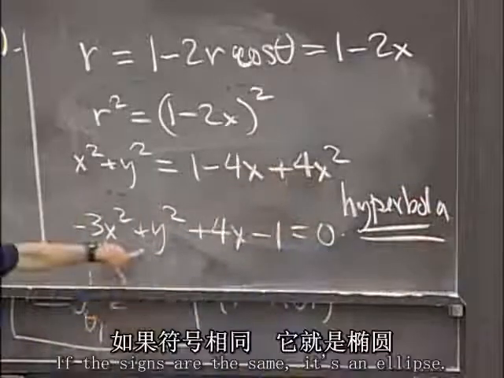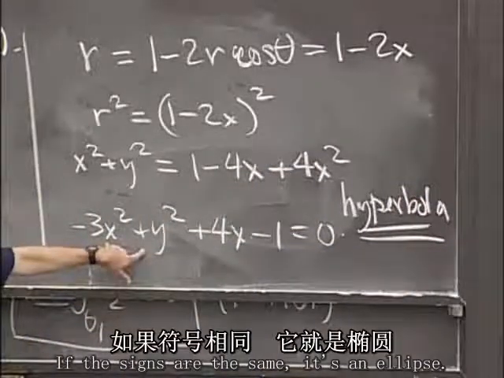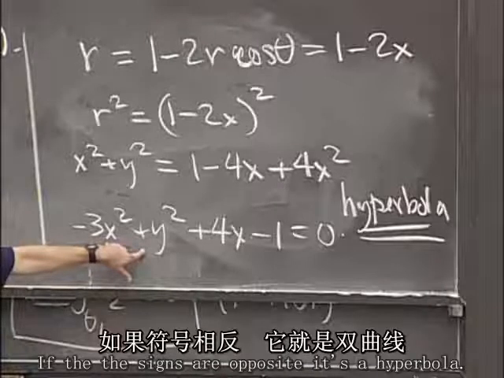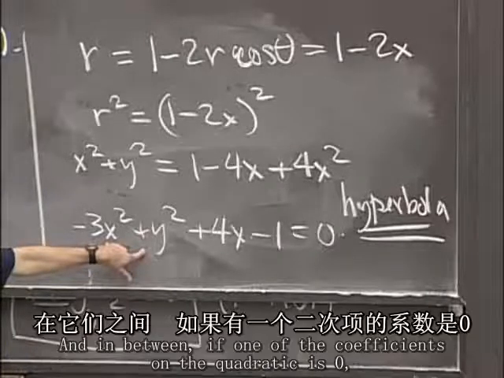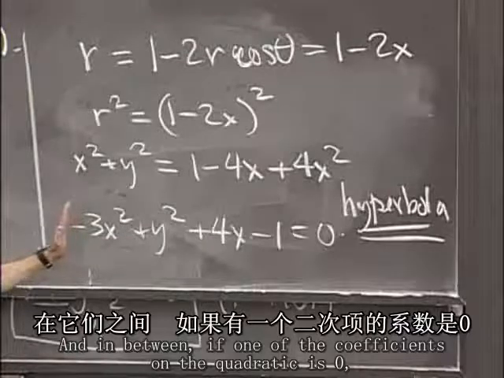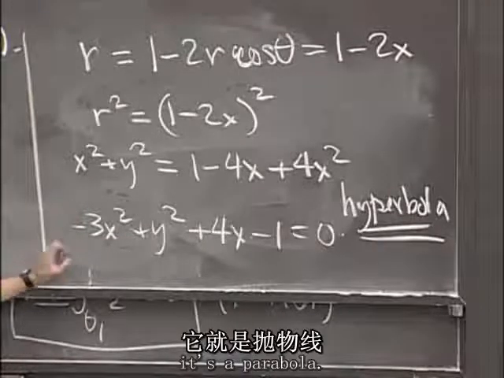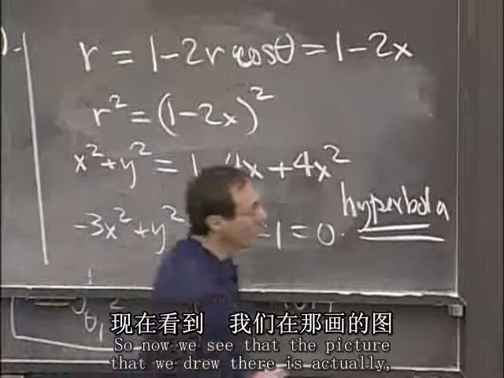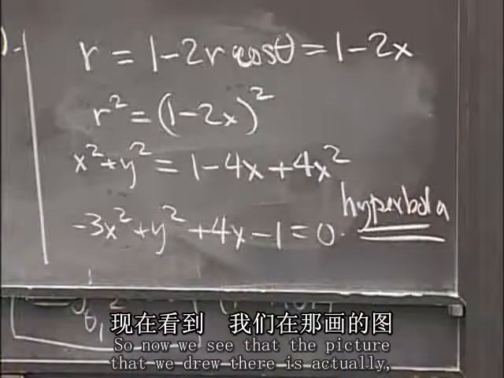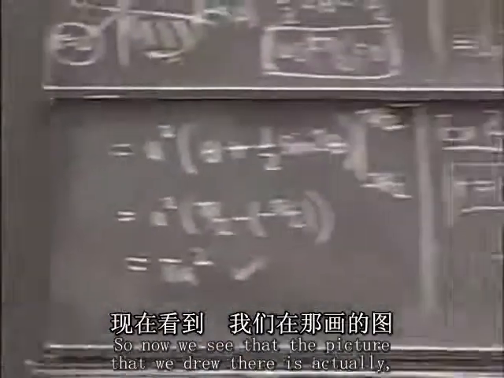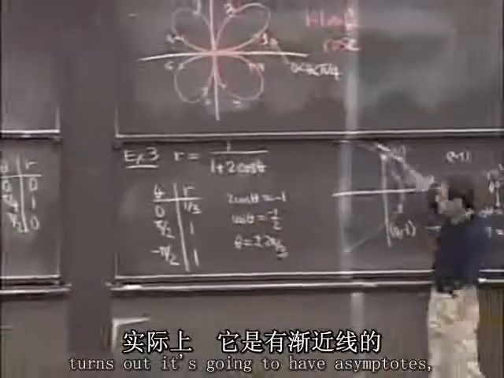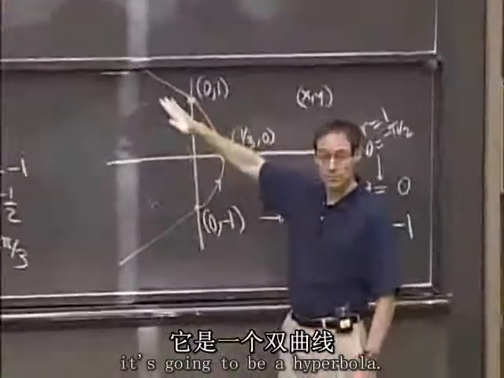If the signs are the same, it's an ellipse. If the signs are opposite, it's a hyperbola. And in between, if one of the coefficients on the quadratic is 0, it's a parabola. So now we see that the picture that we drew there is actually going to have asymptotes. It's going to be a hyperbola.